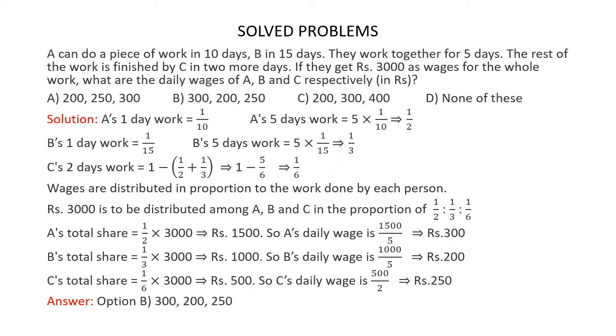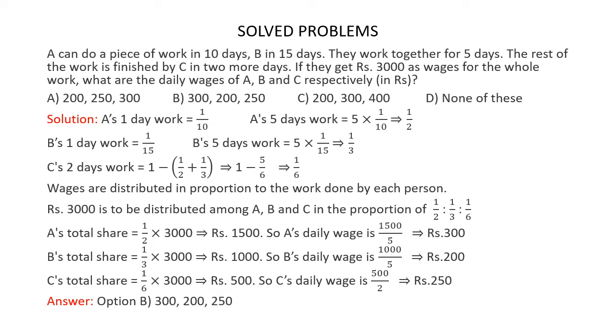Now wages are distributed in proportion to the work done by each person. Here the total wages is given as rupees 3000. So rupees 3000 has to be distributed among A, B and C in the proportion of 1 by 2 is to 1 by 3 is to 1 by 6.